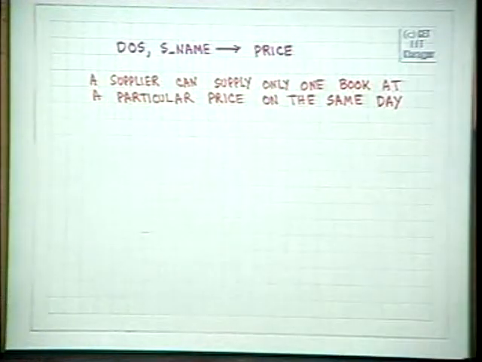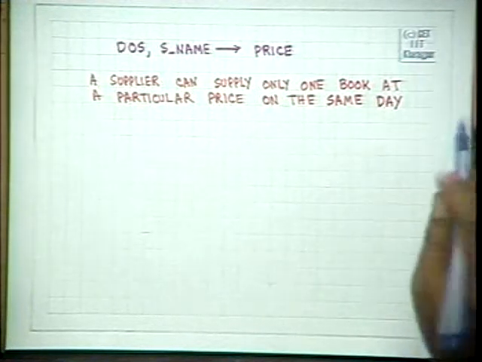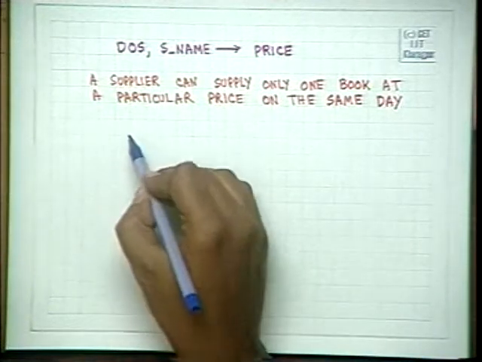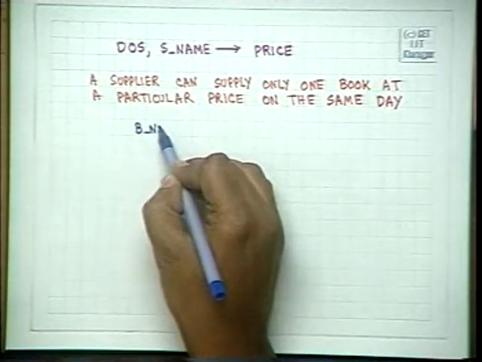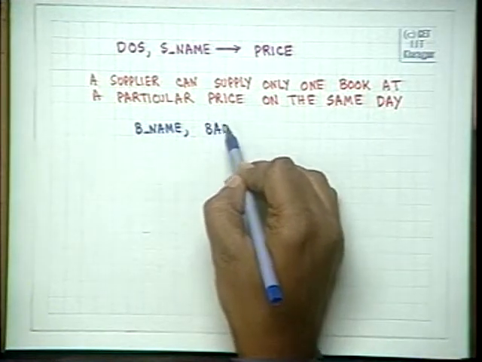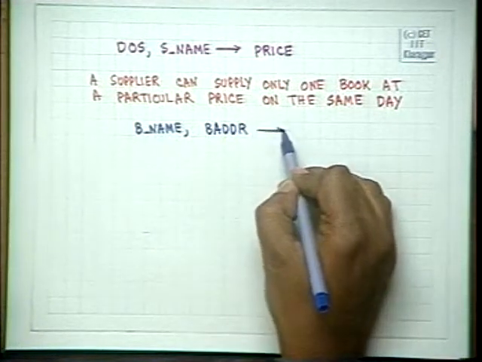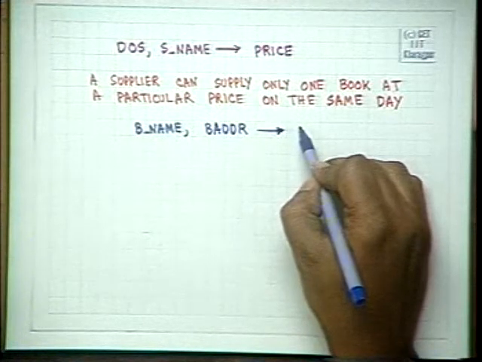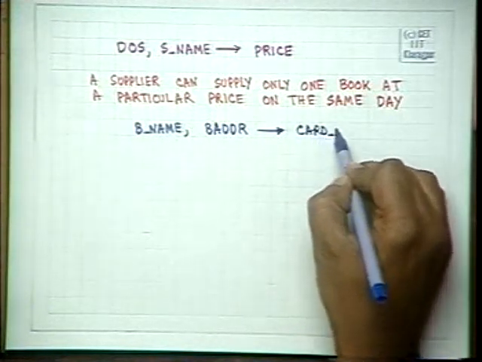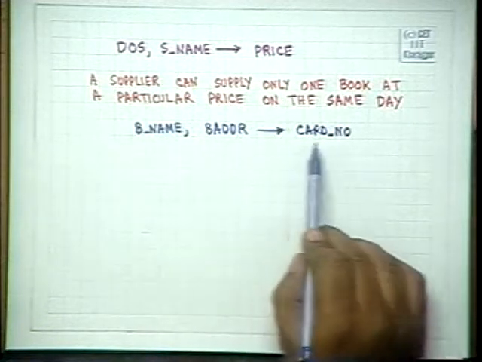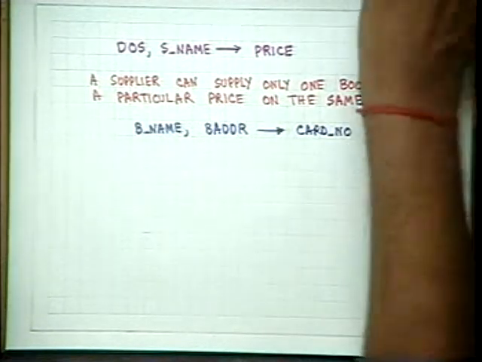For example, let us take another one. This would give us a candidate key in user.